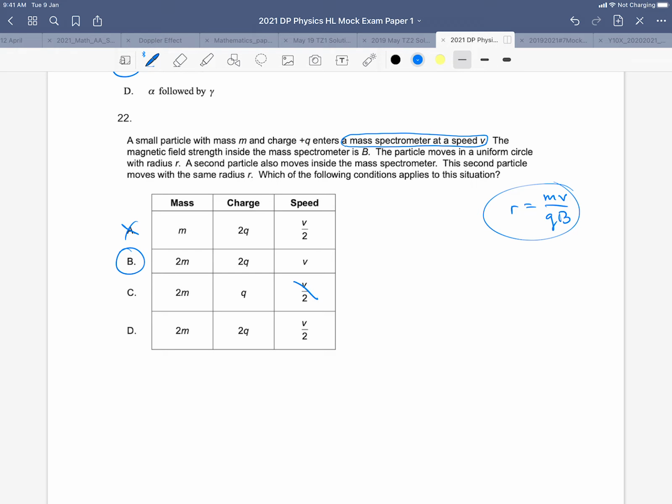However, it doesn't move into the mass spectrometer with a speed of v over 2, because charged particles that go into a mass spectrometer have always first gone through a velocity selector.